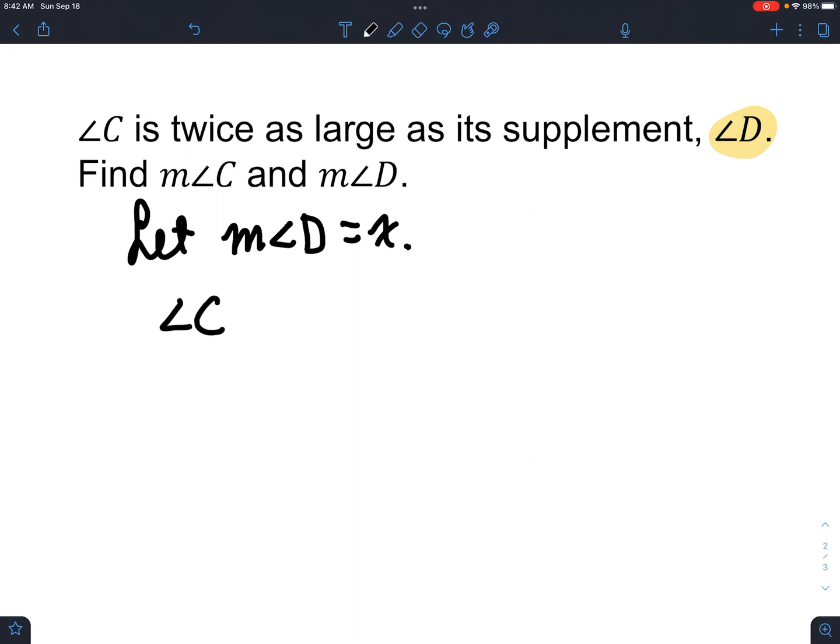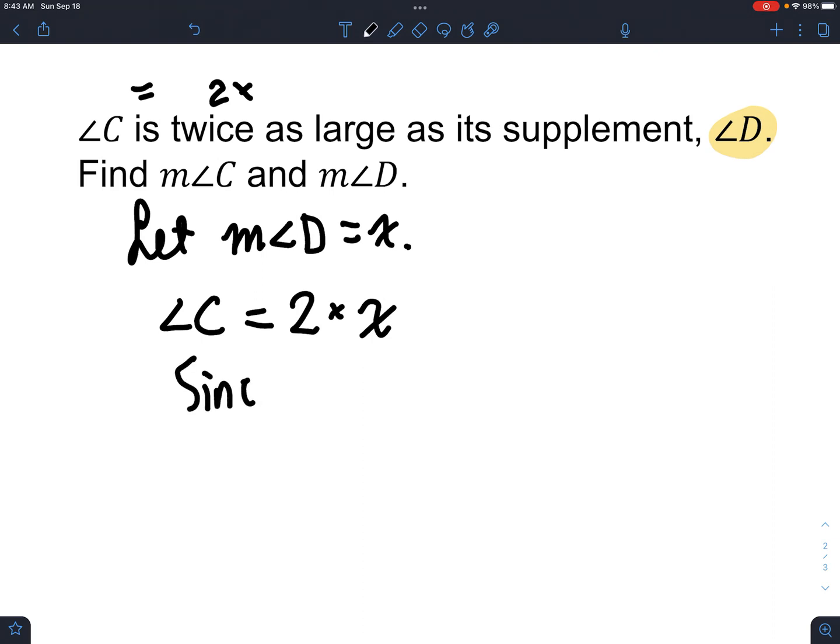So angle C equals twice, 2 times x. Okay?